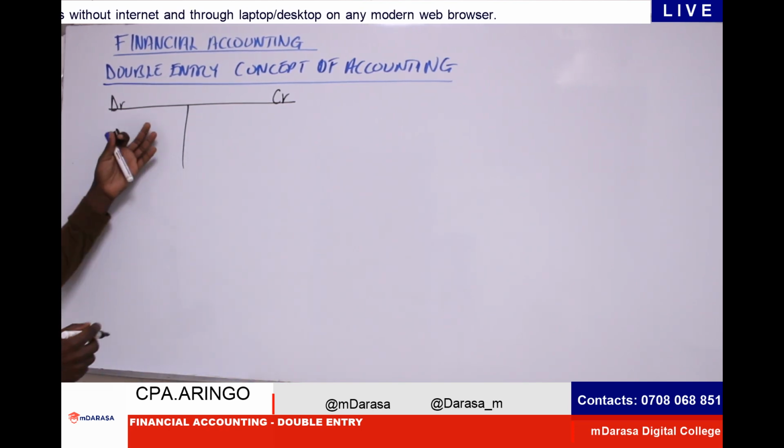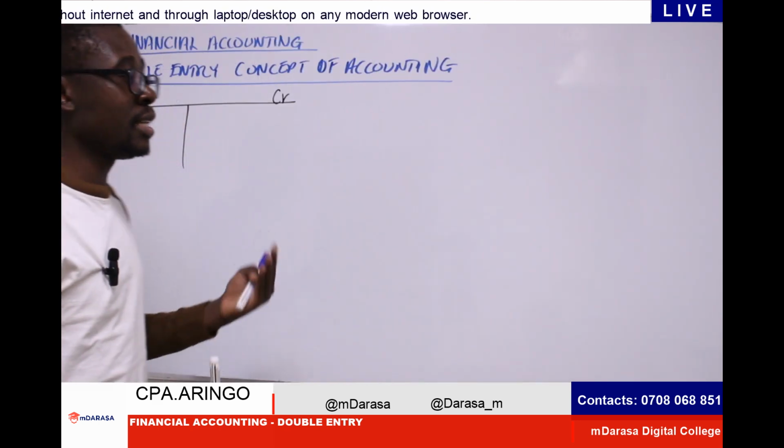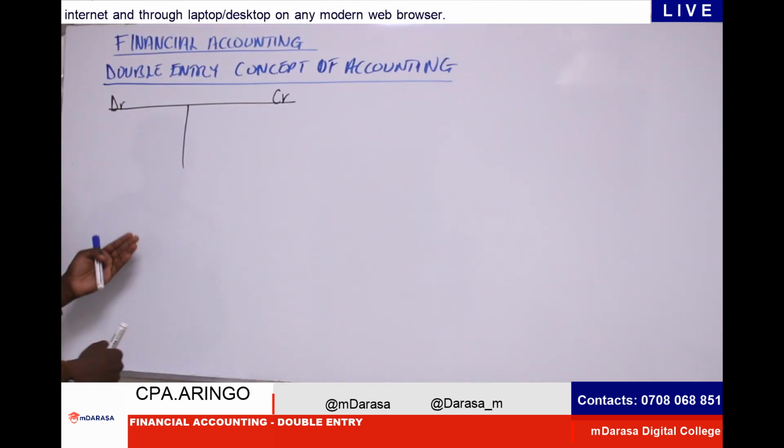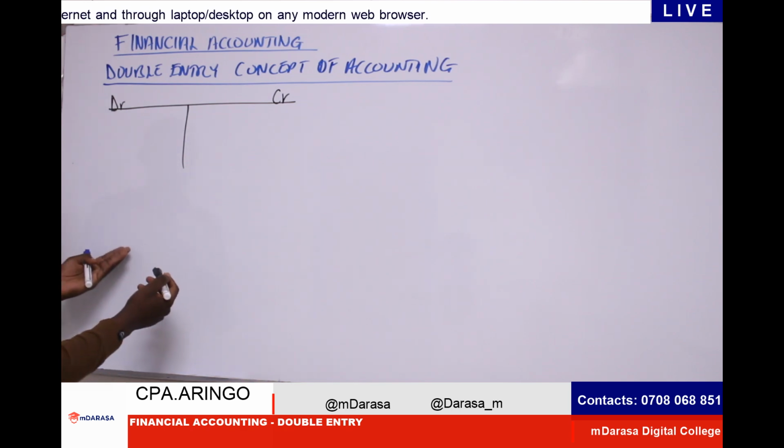So this simply represents the two sides of the accounts, so that whenever we have a transaction, it will affect two accounts.